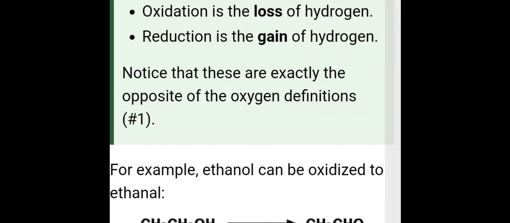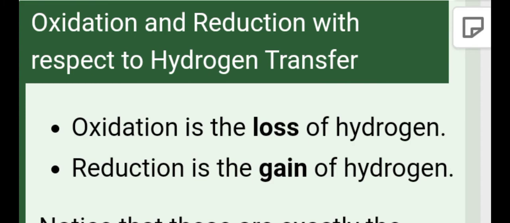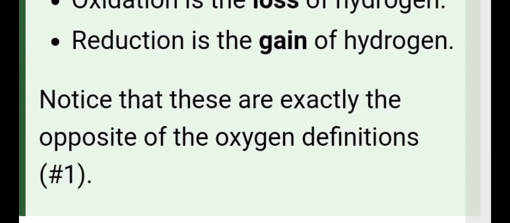Then the other definition for oxidation and reduction is with respect to hydrogen transfer. Addition of hydrogen is reduction and removal of hydrogen is oxidation. Both reactions occur simultaneously. Notice that these are exactly the opposite of the oxygen definition.